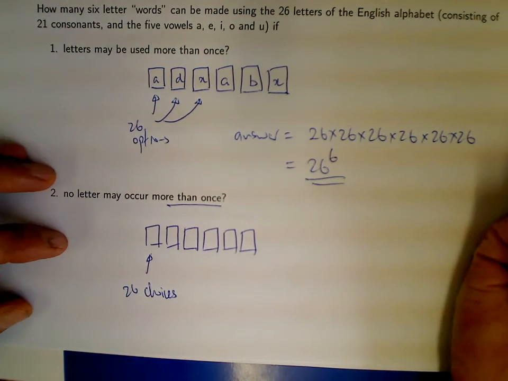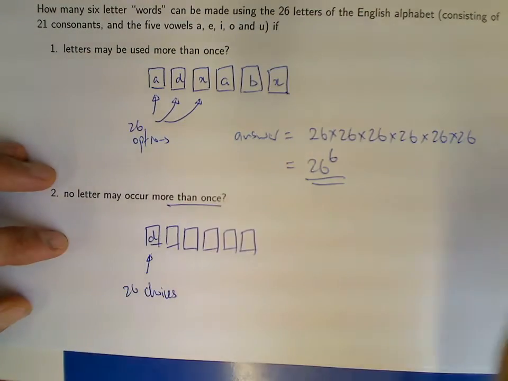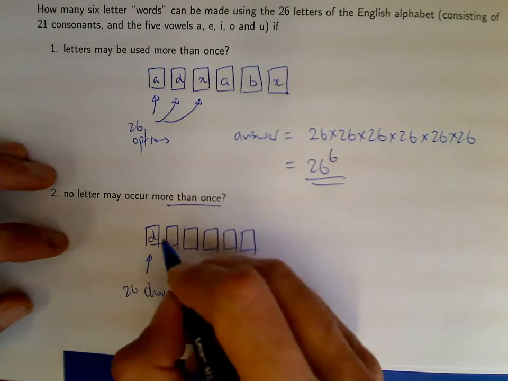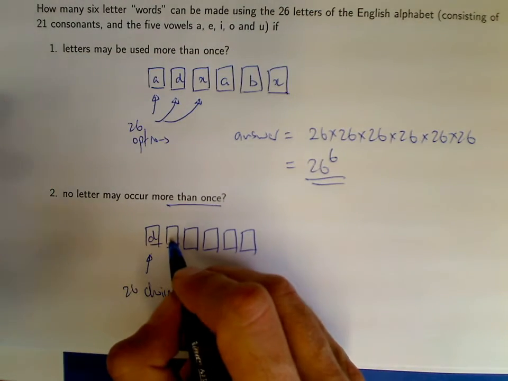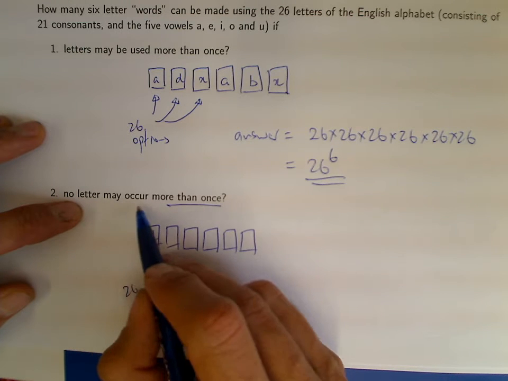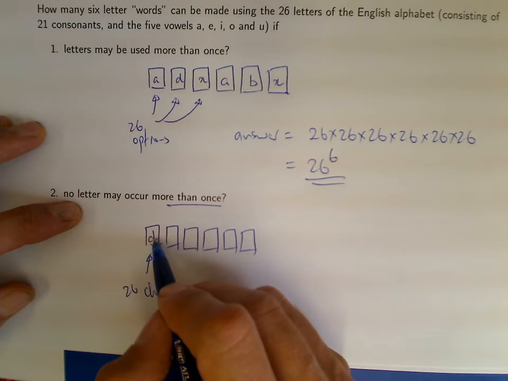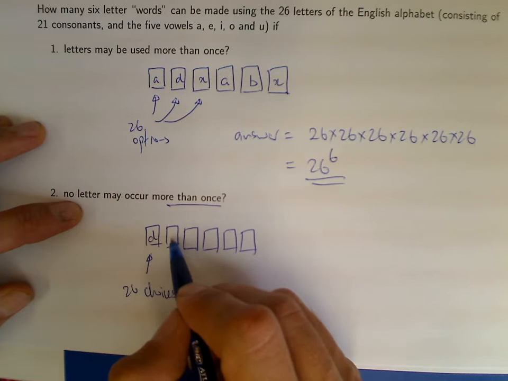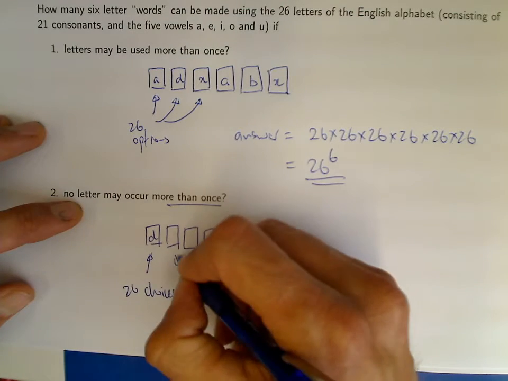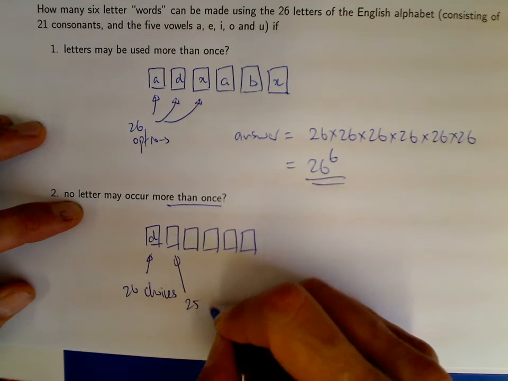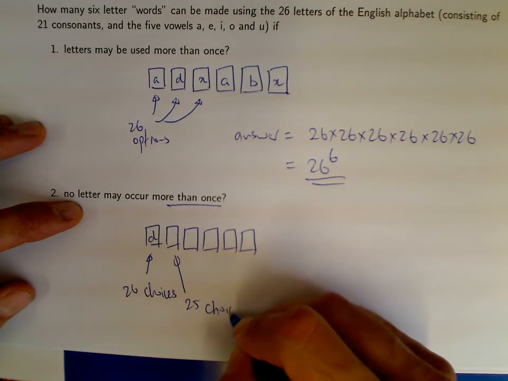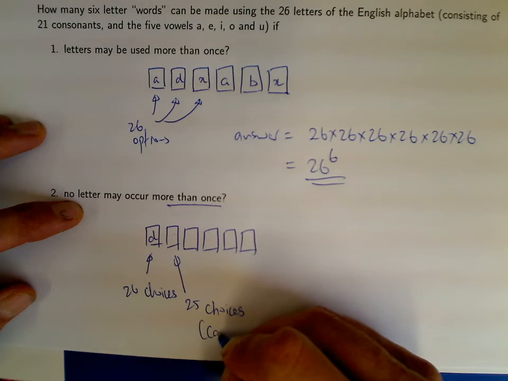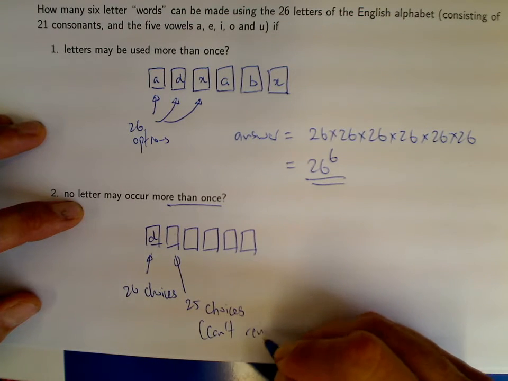So maybe I put a D. Having put a D here, I'm not allowed to use D again, because the rule says no letter may occur more than once. So at the second step, I just have 25 choices, and that's because we can't reuse the first letter.